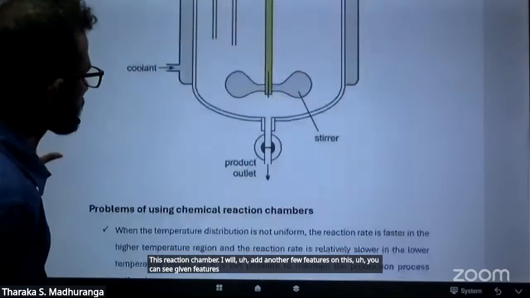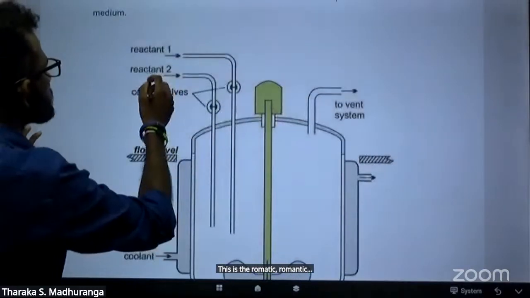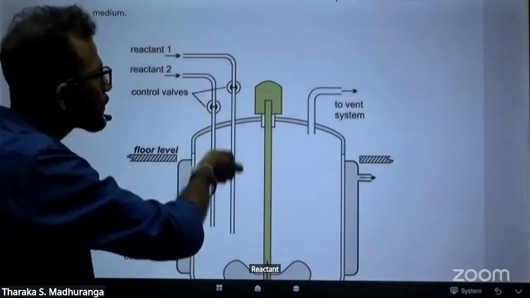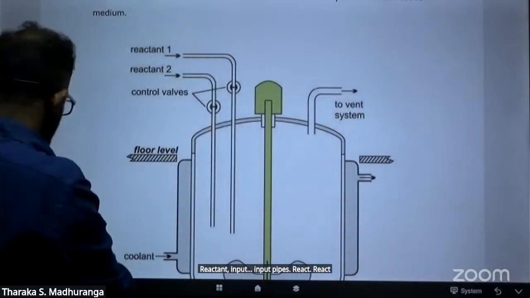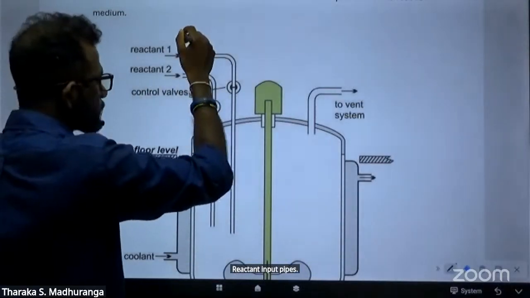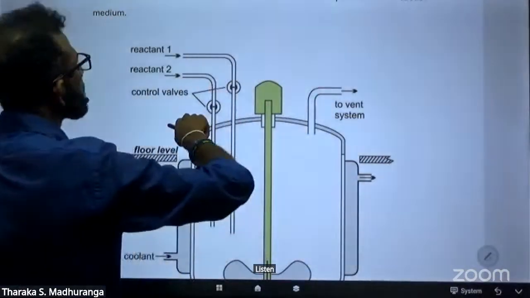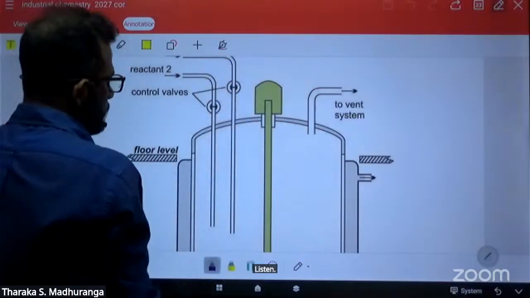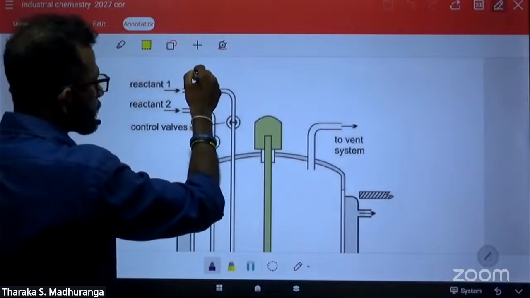What are they? This is the raw material. You need to start here. This is the raw material, reactant input pipes. They are the reactant input pipes.